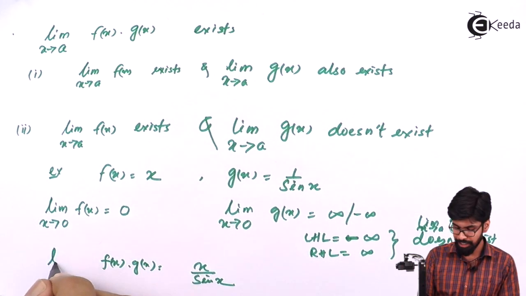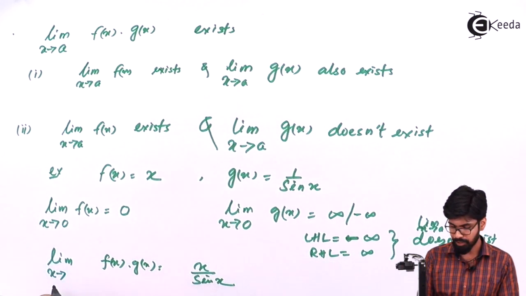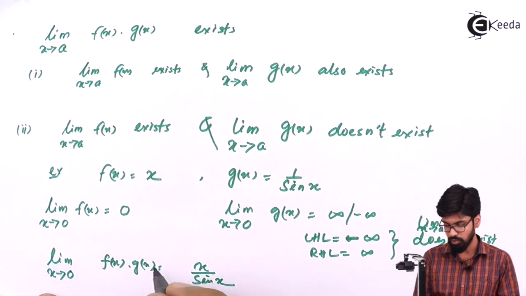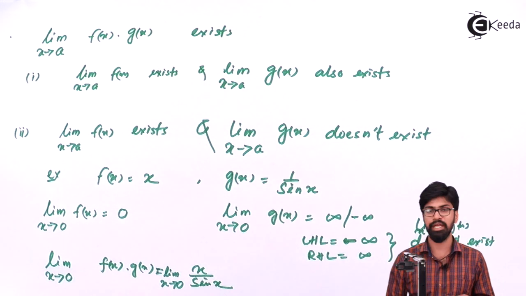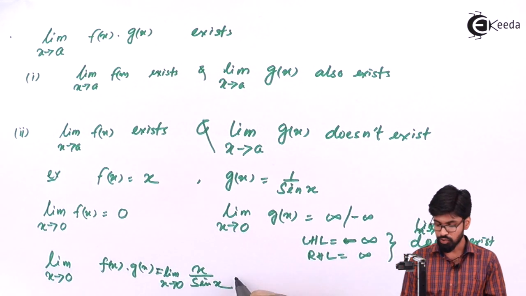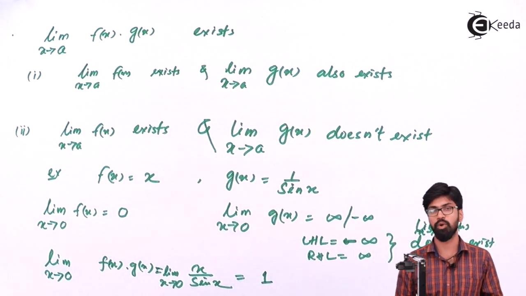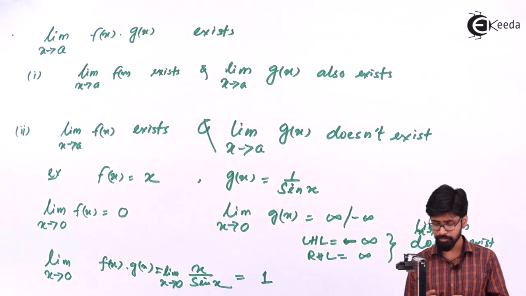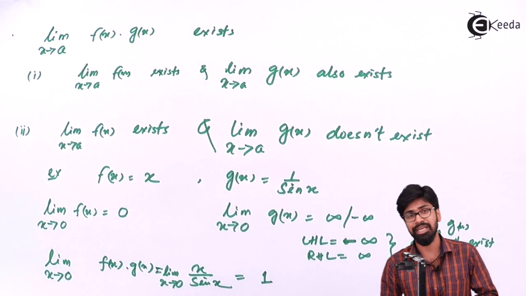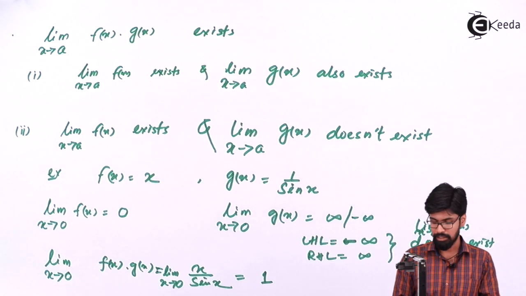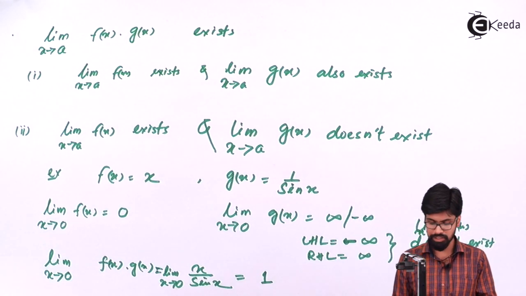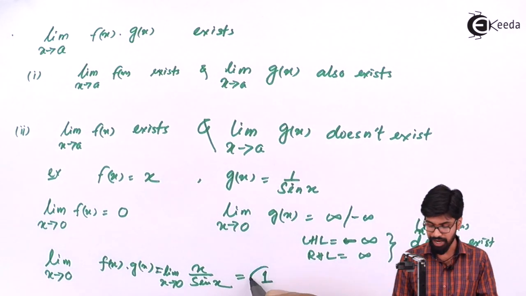If we consider limit of this product when x approaches 0, that is limit of x upon sin x when x approaches 0, this will be equal to 1, that we already know from the formula of limit x approaching 0 sin of x upon x. If that is equal to 1, so this has to be equal to 1, which is a finite number.